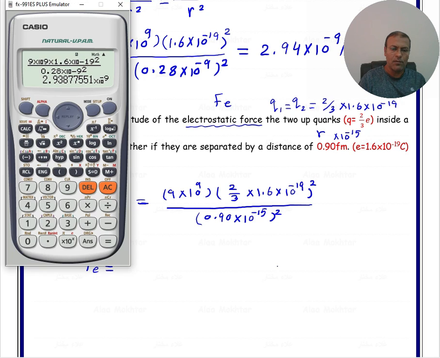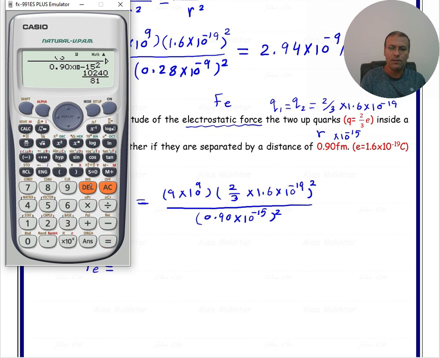Using your calculator, I need you to see how to substitute in the calculator. Fraction 9, then press this button, positive 9, multiply. There are two charges, each one is 2 over 3, 2 over 3, multiply 1.6 into 10 negative 19, then square, over 0.90 times 10 negative 15 squared.